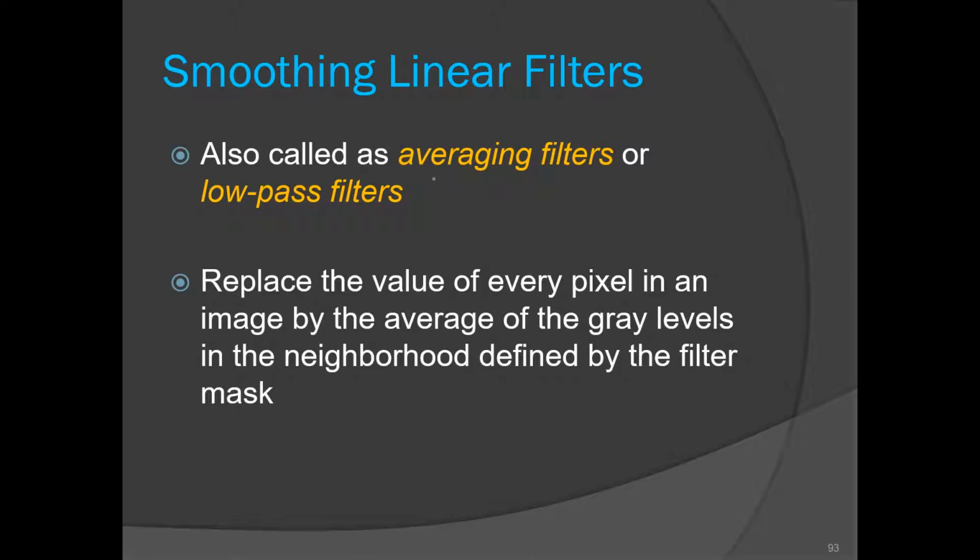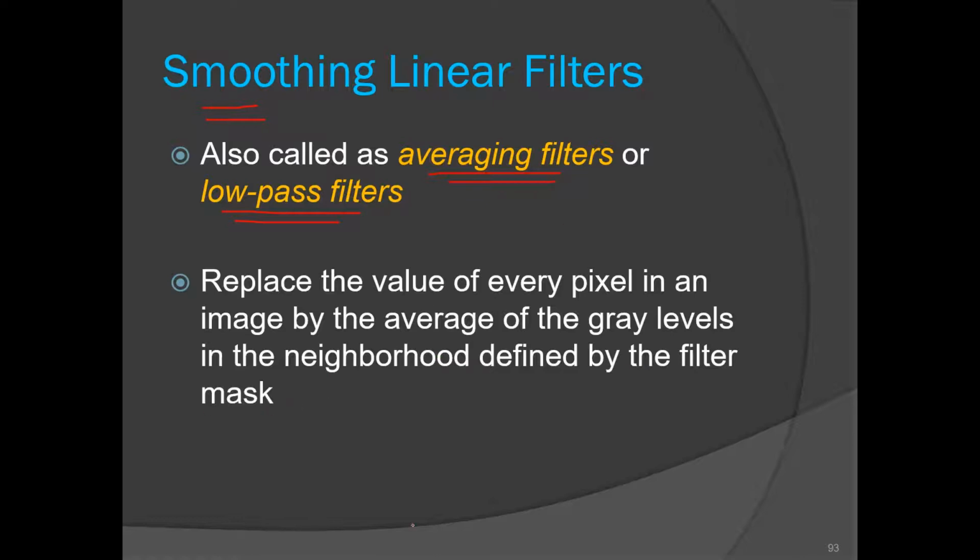Now we'll start with the smoothing operation, the smoothing linear filter. The filters used for the smoothing operation are also known as averaging filters or low pass filters. Here we replace the value of every pixel in an image by the average of the gray levels in the neighborhood defined by the filter mask.